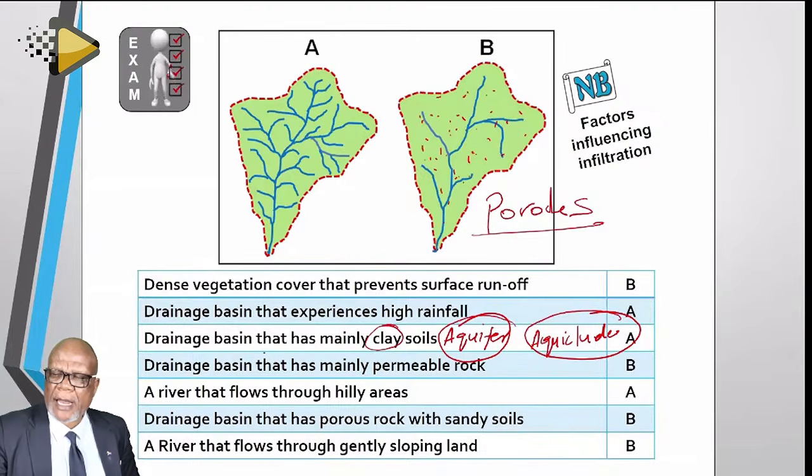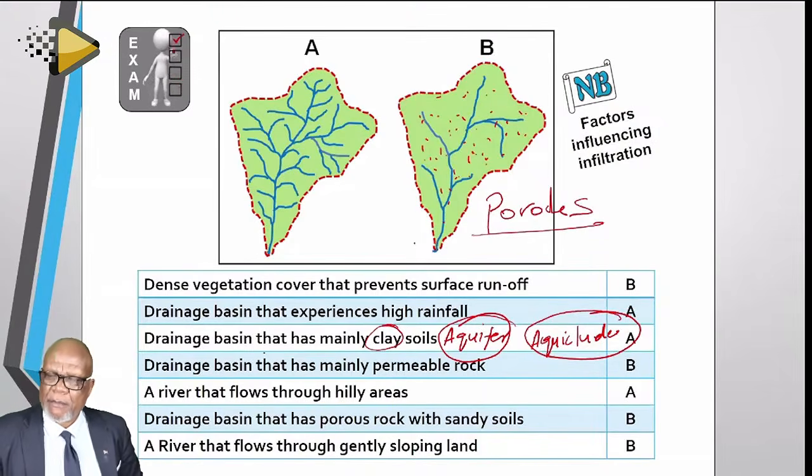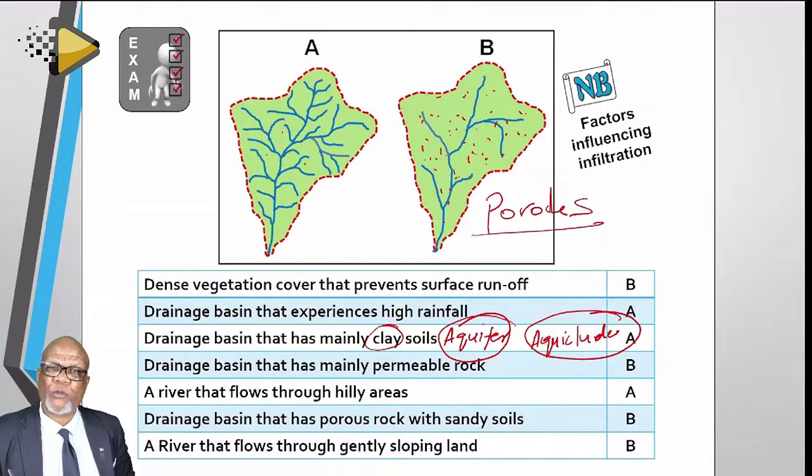Pore spaces will allow water to infiltrate. So B has a high level of porosity, and because of that, B will also be permeable. But A is less porous. There are few pore spaces for water to pass through.